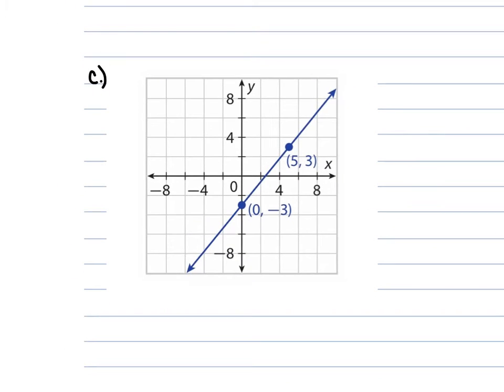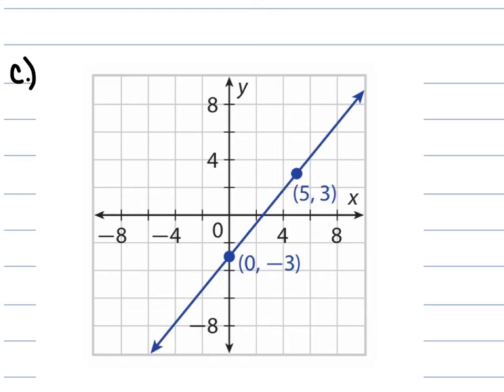For C, we have the 2 points 0, negative 3, and 5, 3. So we're going to go left to right. We're going to go up. This is 1, 2, 3, 4, 5, 6. And then we're going to go to the right. 1, 2, 3, 4, 5.